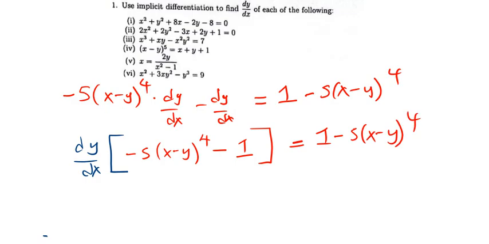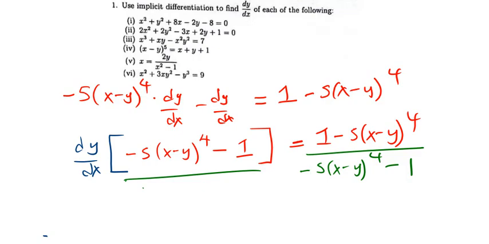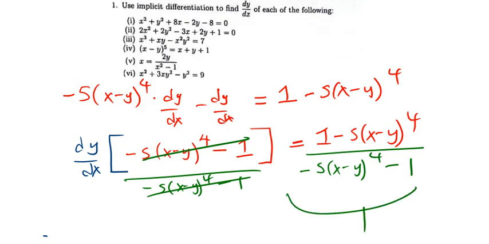So we divide both sides by what's in the brackets. So that's negative 5(x minus y) raised to the power 4 minus 1. And so this part will actually divide by the same. So that we can actually just divide. And so whatever is on the right is our derivative for the fourth one.